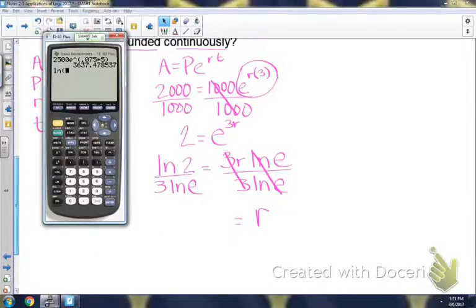So natural log of 2 divided by open parentheses 3 natural log of E. So make sure that you're putting parentheses around the 3 natural log of E.